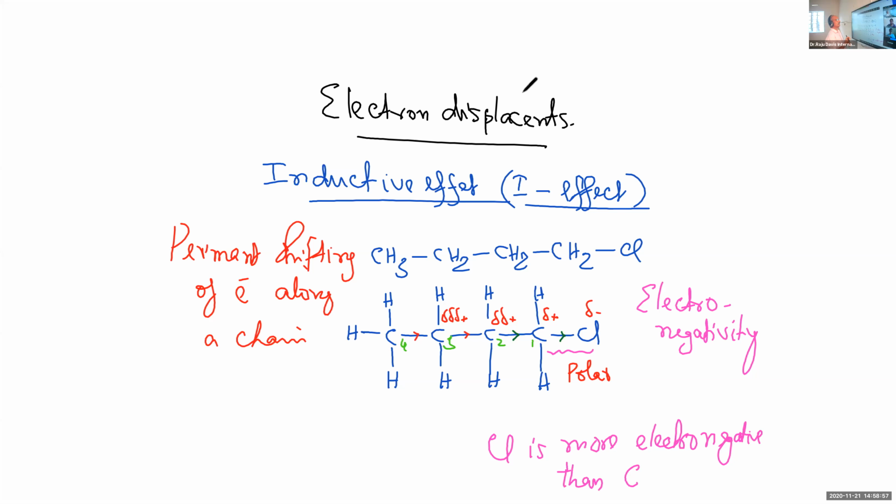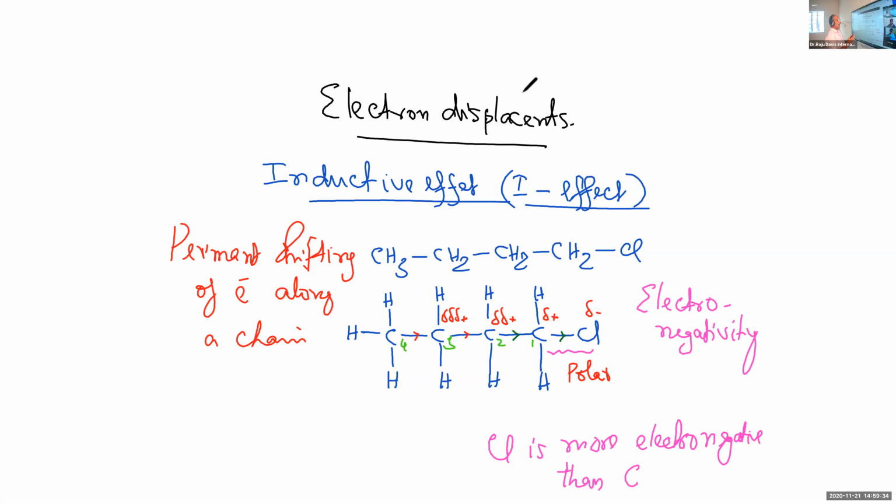See here, there is a partial negative charge on the chlorine atom, because it has a higher electronegativity value. That means the chlorine atom is withdrawing electrons. It pulls electrons towards it. Electrons are pulled by the chlorine atom, and it forms a negatively charged species. That is the formation of a negative pole.